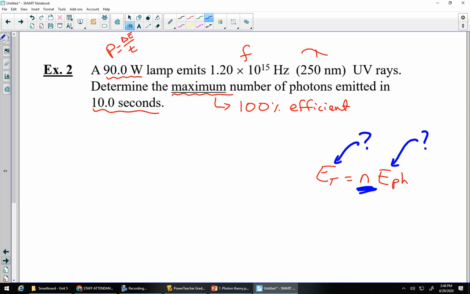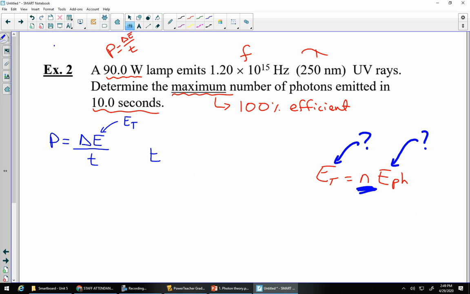So back to a skinnier felt pen. There we go. And I'll be working in blue now. First off, my total energy. It's 100% efficient, so that means all of the energy that's going in is going to be turned into light energy or photon energy. So this change in energy is just going to be equal to my total energy.